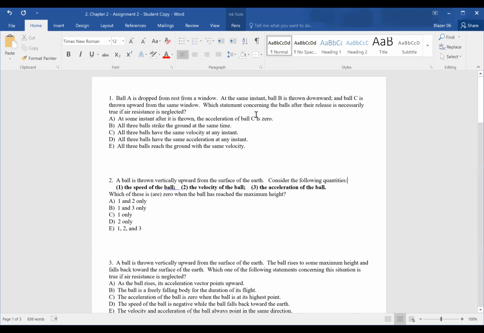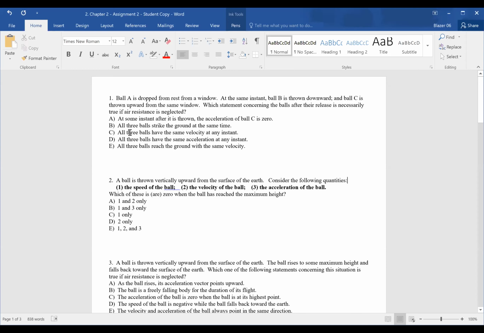The only thing that we know is true, class, is that they are all under the influence of gravity, okay? So we look for that. All 3 balls have the same acceleration at any instant. That's the one thing that is true for all 3 of these balls.